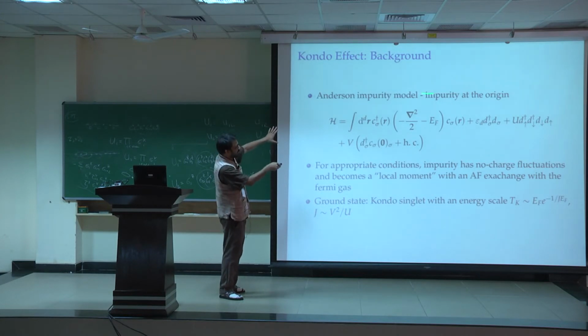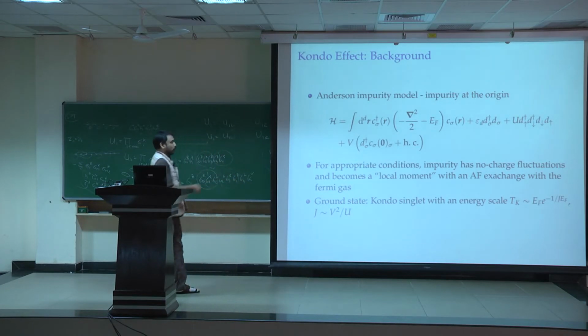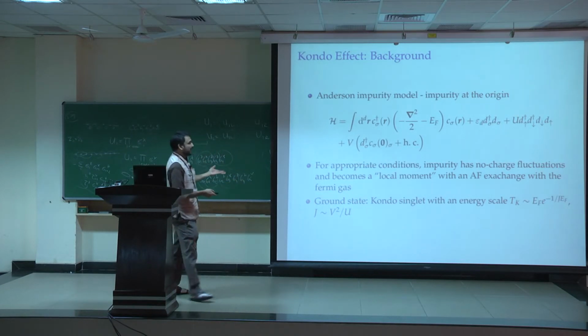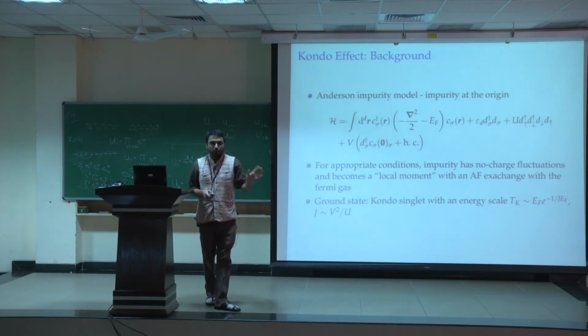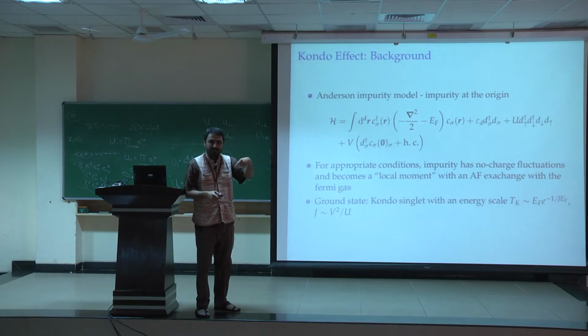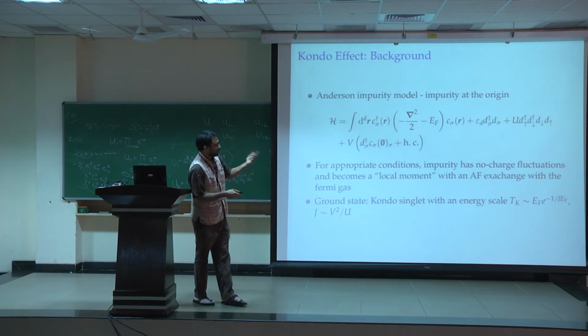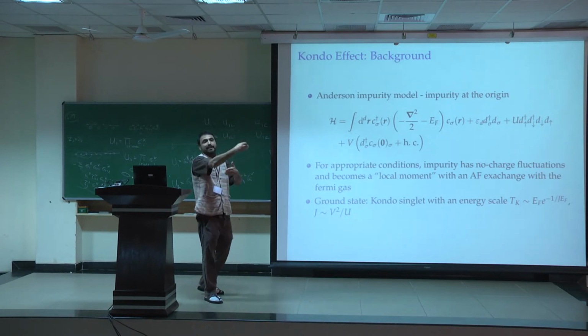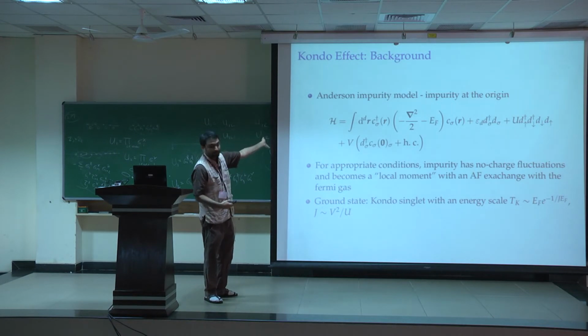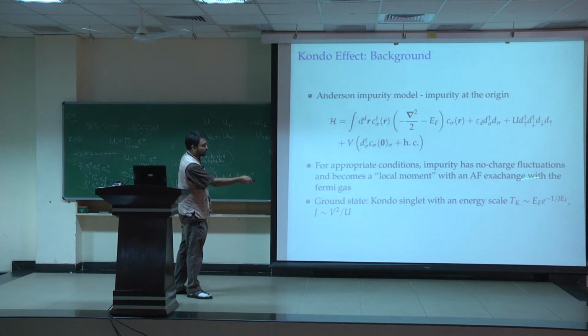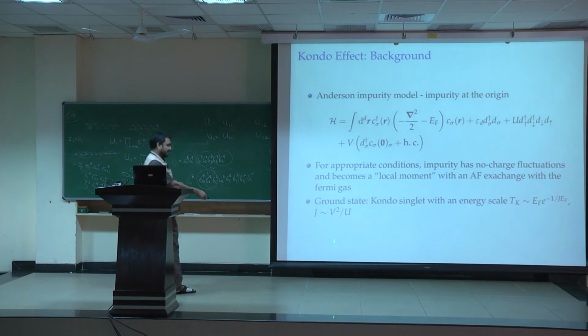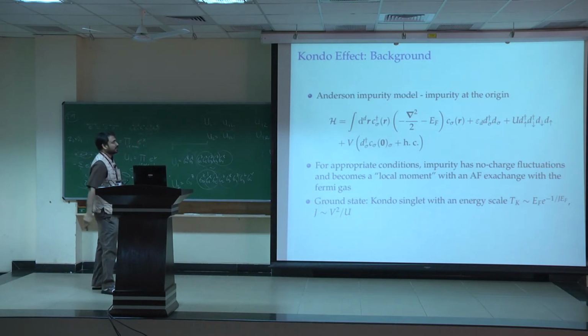So you have non-interacting fermions and one state in which there are interactions, U. And you can show that under appropriate conditions, the charge degree of freedom on this impurity state goes out, and the remaining degree of freedom is a spin on that impurity. And that couples antiferromagnetically with this bath of fermions, and it forms a singlet. Okay? And that singlet has an energy scale called the Kondo scale, given by this, where J is something like this. So this is all well-known stuff.